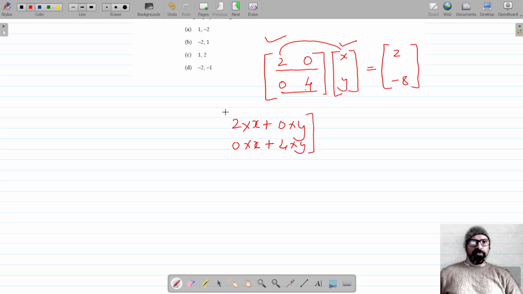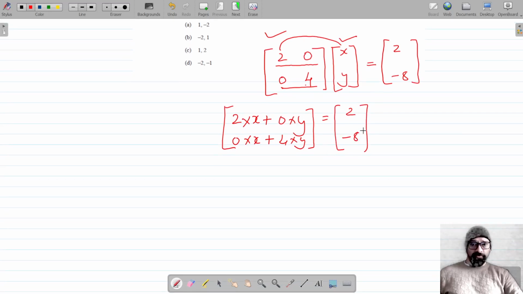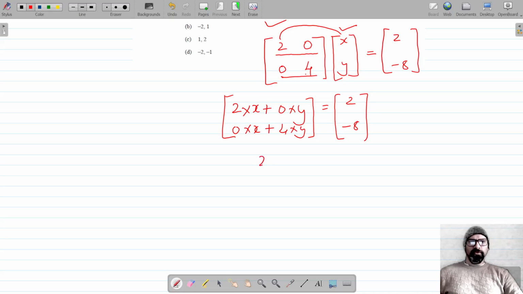Okay, so this is the product, and this is equal to the column matrix. So 2 into x is 2x, 0 into y is 0y, so this is 4y. And now these two matrices are of the same order.